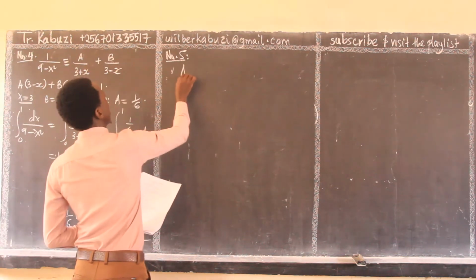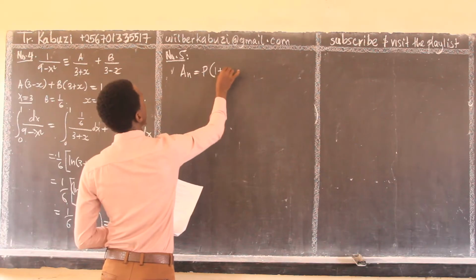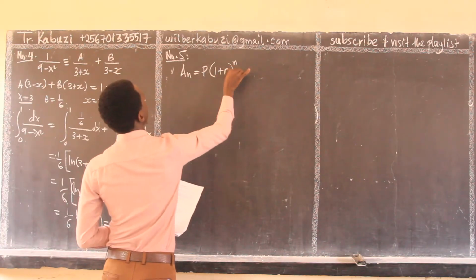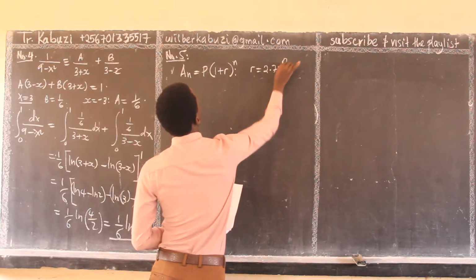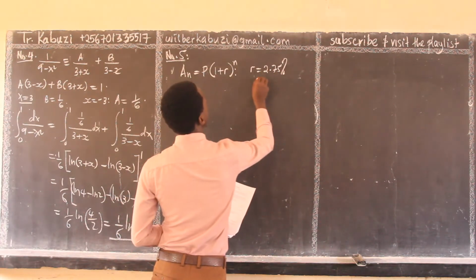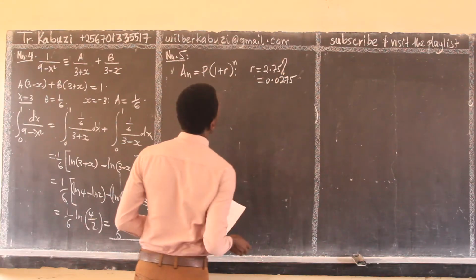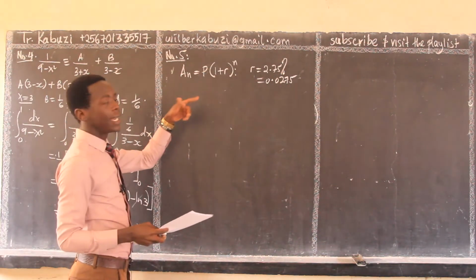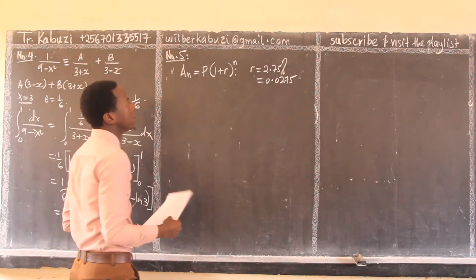So you know that our AN is P into 1 plus R power N. Now my R here is 2.75%, which is 0.0275.